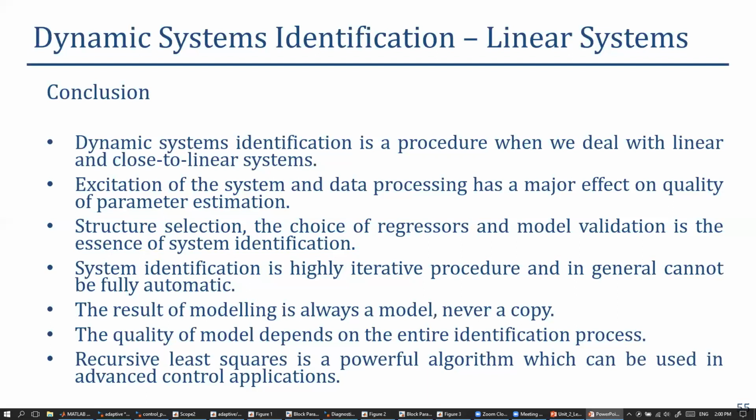Then executing the least squares or any other calculation technique for the parameters. And the recursive least squares is a powerful algorithm, which can be used for advanced control applications like self-tuning and adaptive control, but it has its own weaknesses, which I tried to demonstrate in the example.